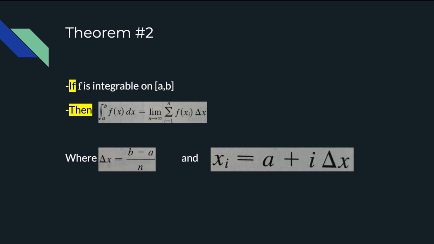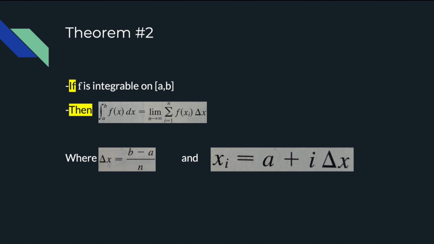So now for the second theorem. If f is integrable on a and b, then the limit in definition 2, which we discussed when we were describing the Riemann sum, exists and gives the same value no matter how we choose the sample point. To simplify the calculation of the integral, we often take the sample points to be right endpoints.